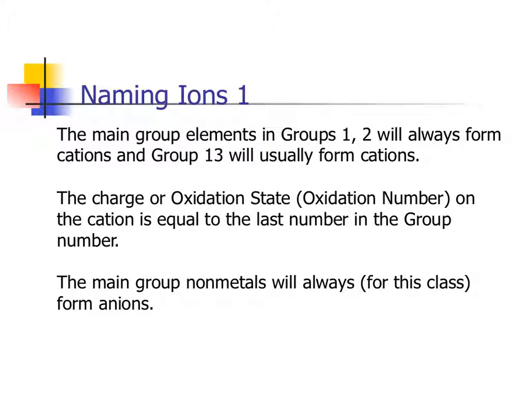The main group nonmetals, that would be group 14 and especially groups 15 through 17, will be based on how many they need to gain to achieve their octet. Now, nonmetals for this class only will always form anions. There are circumstances in which nonmetals can form a cation, but for this class, we will focus only on nonmetals becoming anions.